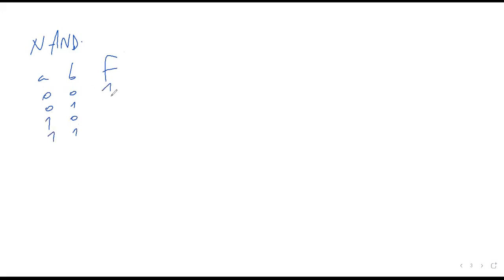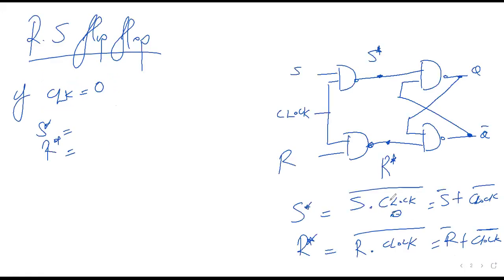For an AND gate it is 1, 1, 1, 0, right? Wherever you have a 0, the output is 1. We have a 0 here, we have a 0 here. The output of a NAND gate is 1. That does not change. Here we have a 0. The output of a NAND will be 1, 1.